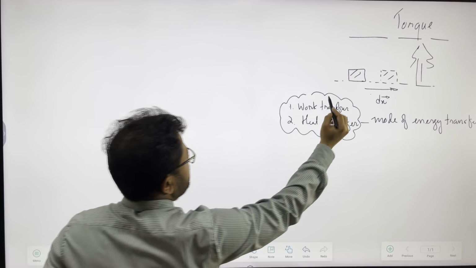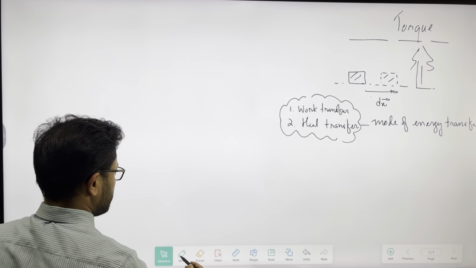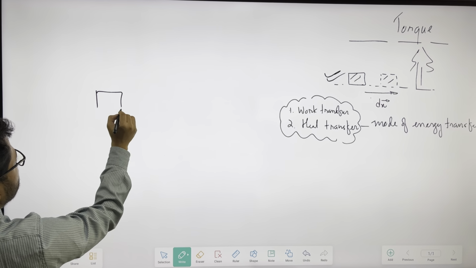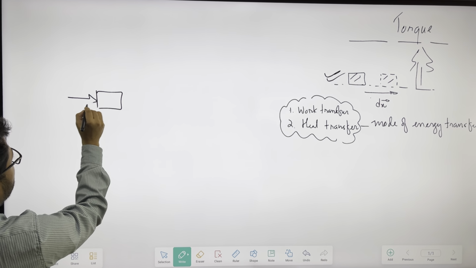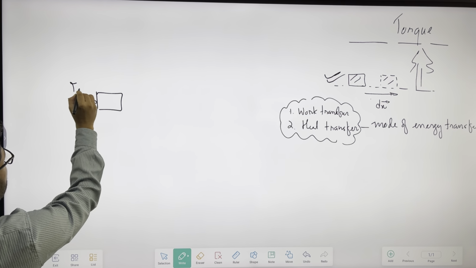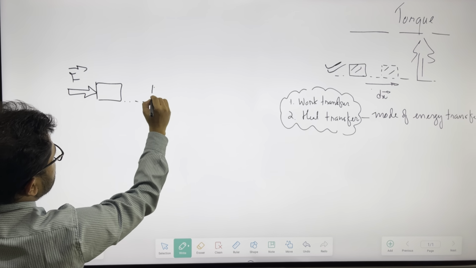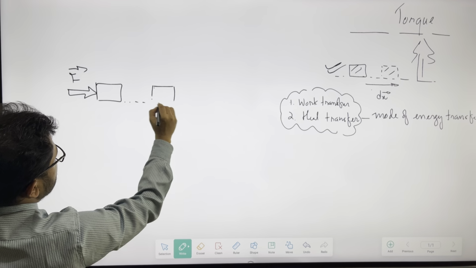Let's think about that example. This is an object to which I have applied some kind of force, and as a result it has moved from this position to a new position.